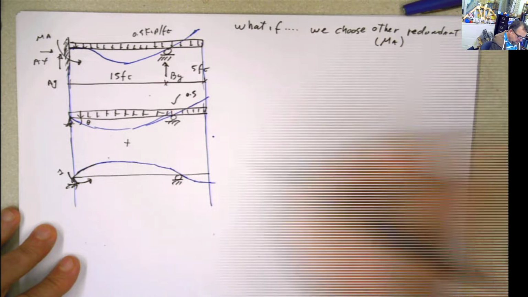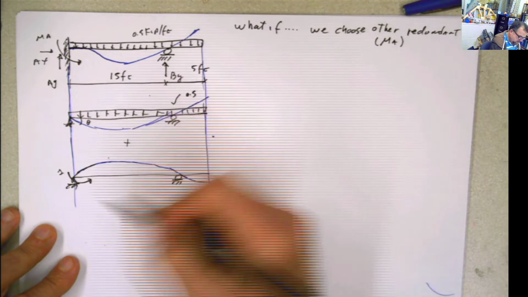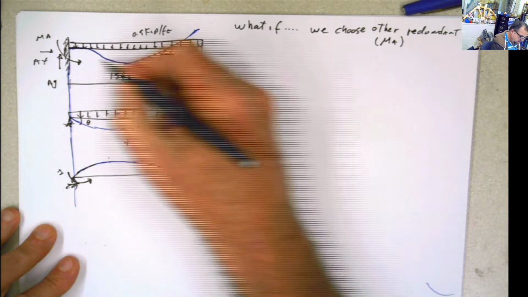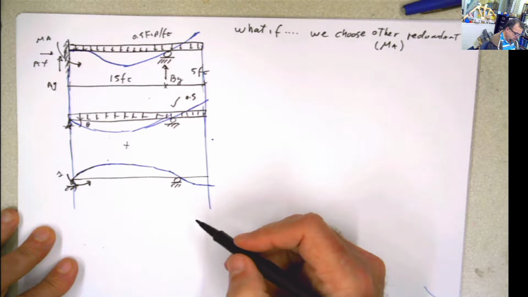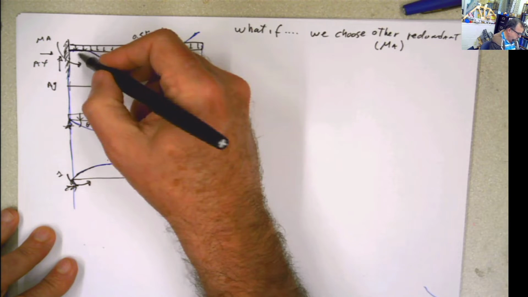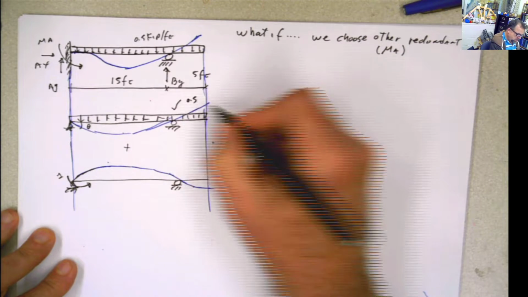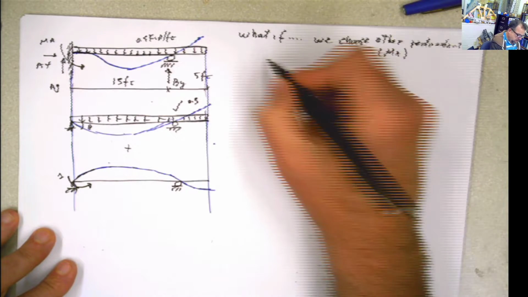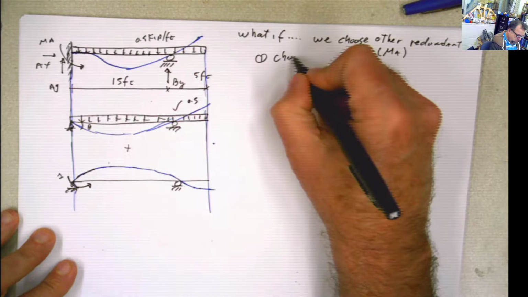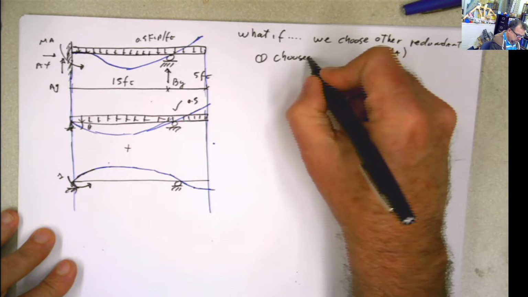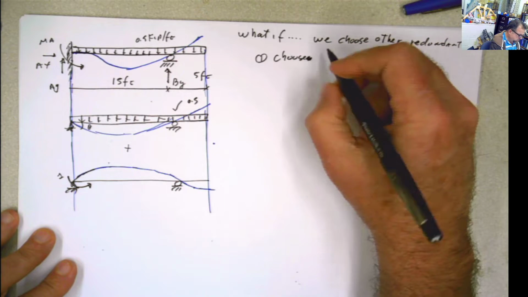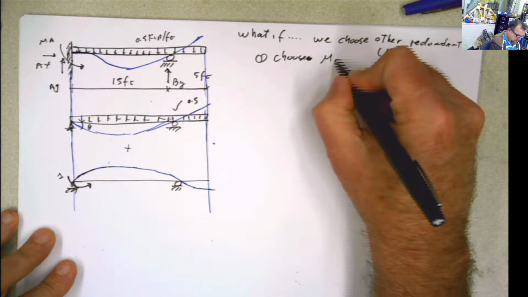And when I add this plus that, then I'm going to get the original one that I needed, with rotation 0 in this part. So let's try to do it in this way, and let's select MA as redundant.